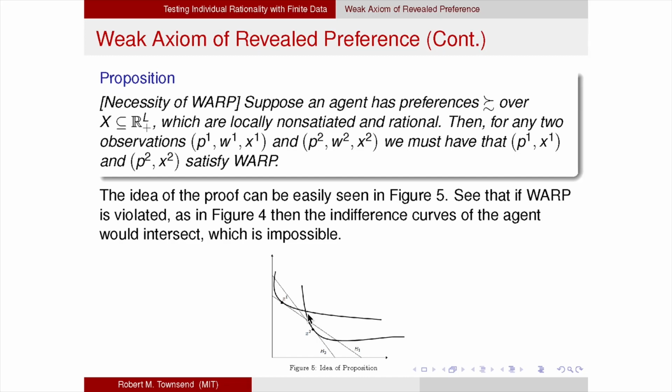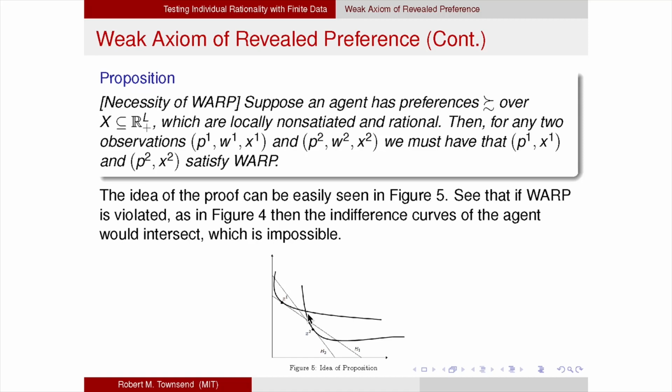Well, we learned right in lecture 2 that indifference curves can't cross for rational consumers. If A is preferred to B, B is preferred to C, A is preferred to C, you may remember that diagram. So that's meant to be an intuitive proof of the proposition.